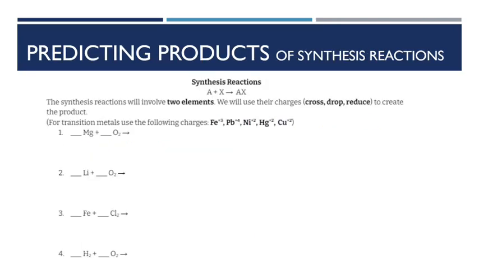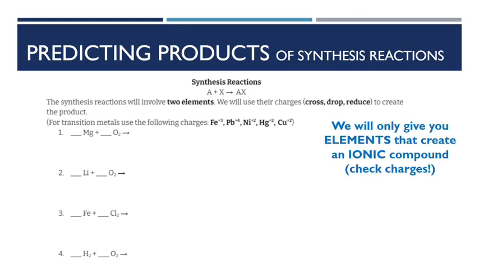Now, if we move on to synthesis reactions, remember, synthesis reactions take separate things coming together to make one product. And while these are not always two separate elements making one ionic product, that's the only situation we are going to give you. Because as a high school chemistry student, you can't necessarily predict the types of covalent compounds that'll happen.